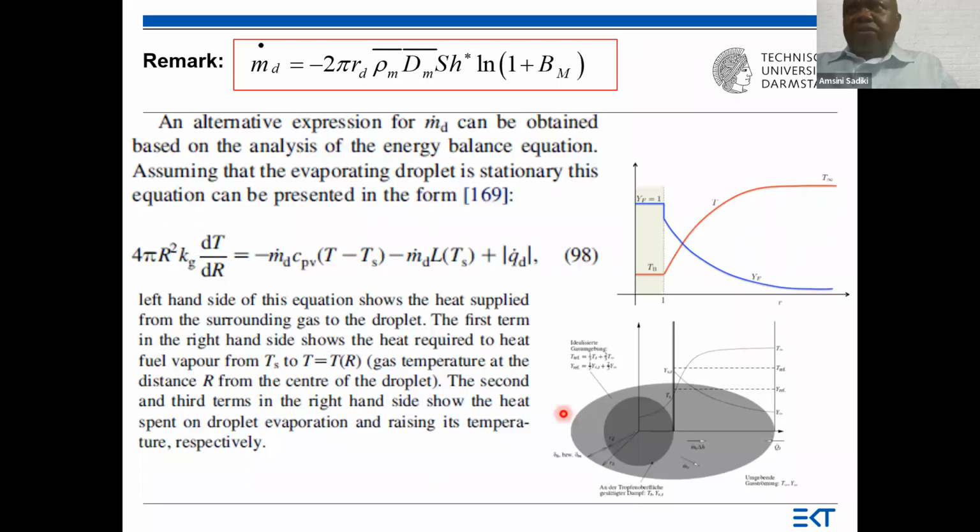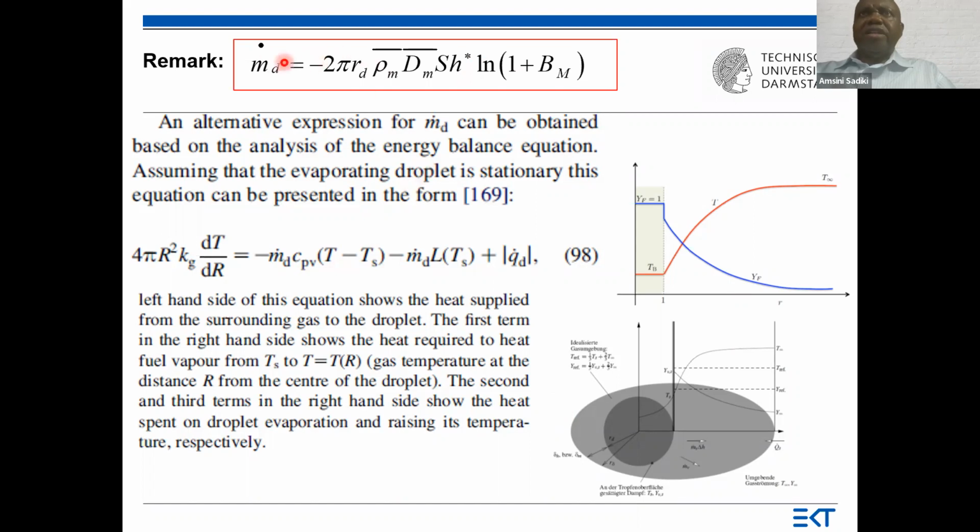Remark: we have seen that only considering the phase change, we obtain this evaporation rate without accounting for the effect of chemistry of combustion. So it is only an alternative.